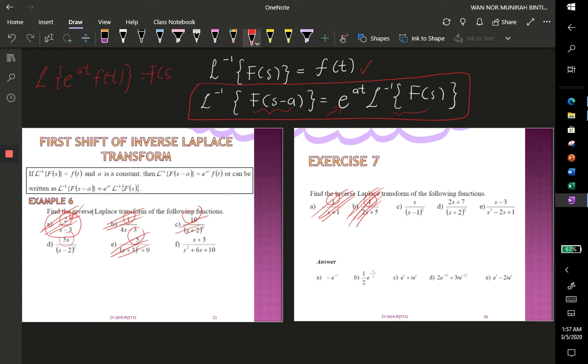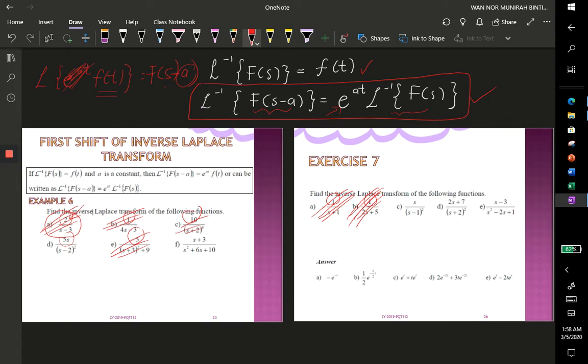This is during our Laplace transform. This one is inverse of Laplace. First, you close your e^(at), you take the Laplace transform of f(t), you get F(s). But when your question is e^(at) f(t), your s is replaced by s minus a. It means that each time you have s, that s is replaced by the same value or the same number of a. Understand? This a.